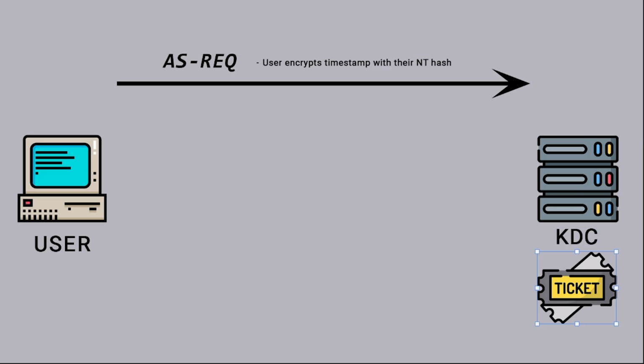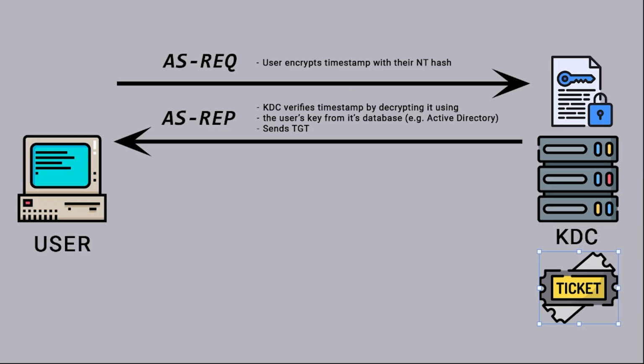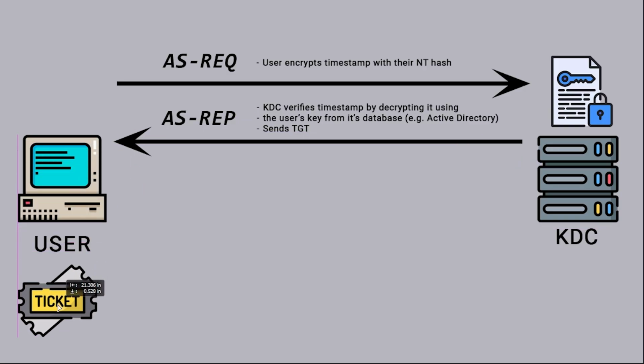That is an authentication server reply. The KDC will verify the timestamp by decrypting it using the user's key from its database, which is Active Directory in this example, and then it'll say, all right, here's your ticket granting ticket. Then Alice will have hold of her ticket granting ticket.